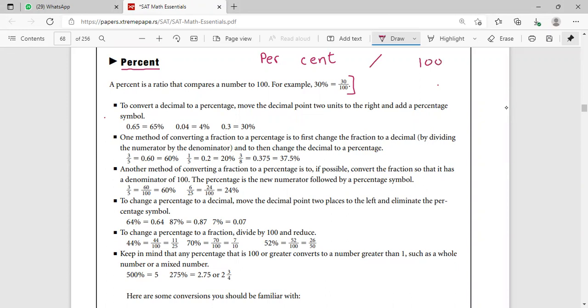So if I have 30%, I would write it as 30 per cent. Cent is 100, per is division, and this is how I would write 30%. Okay, is it clear? Yes, ma'am. The concept of what percent is.